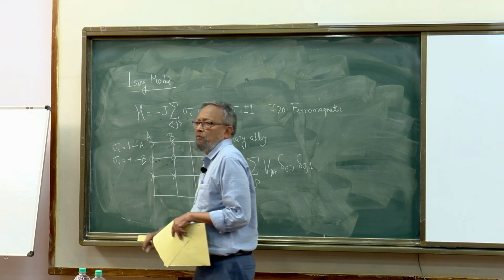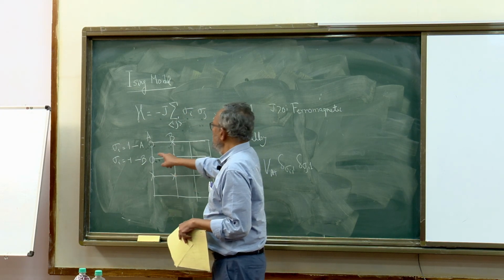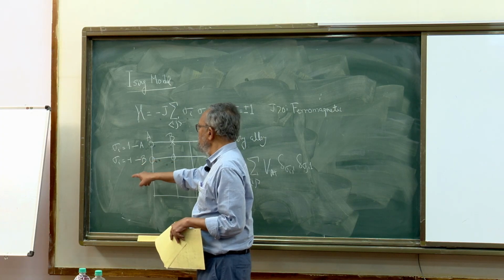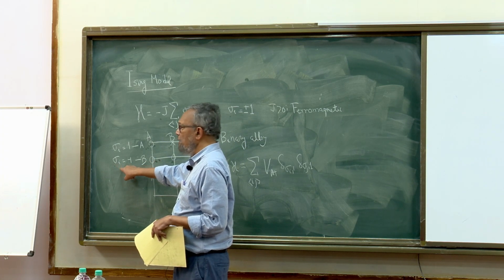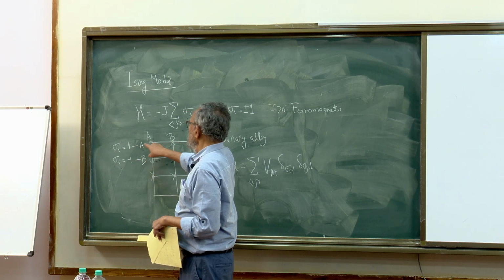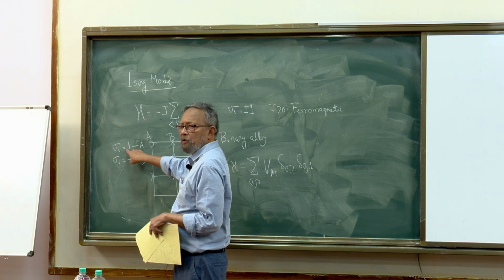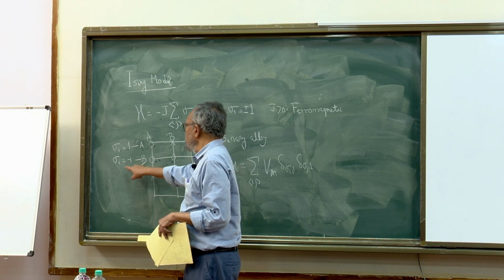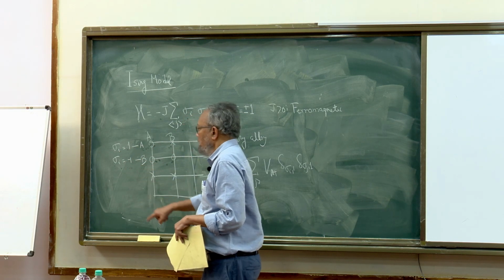This is an auxiliary variable. I'm just defining that each site can be either an A particle or a B particle, and I'm defining a new variable which I call sigma_i. If I see an A particle, I call sigma_i equal to +1. If I see a B particle, I call sigma_i equal to -1.